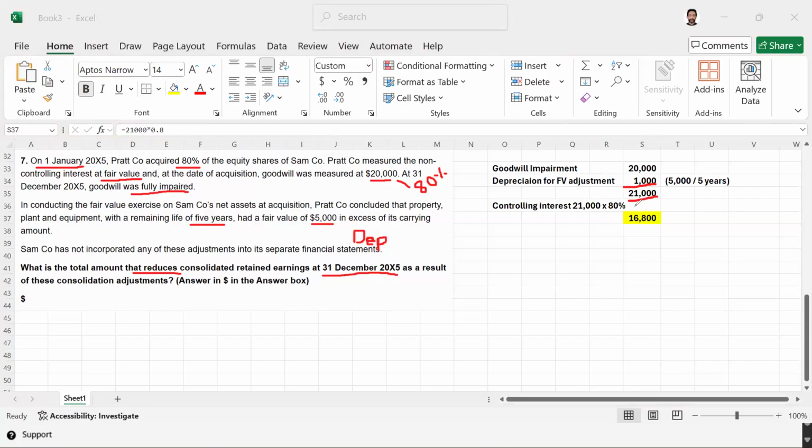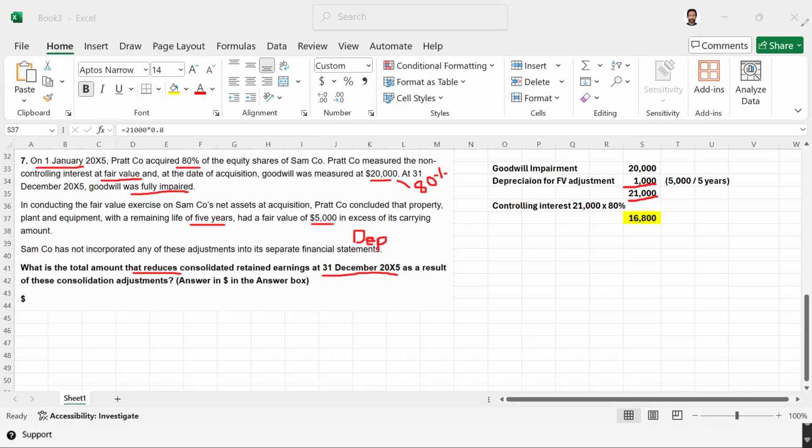The 20% of this fall would actually go to the NCI working. We're not adding 80%. We're actually taking 80% of it. We simply added the reductions. We had to reduce for the impairment of goodwill, and we have to reduce for the depreciation of the fair value adjustment. So overall, the reduction is 21,000.